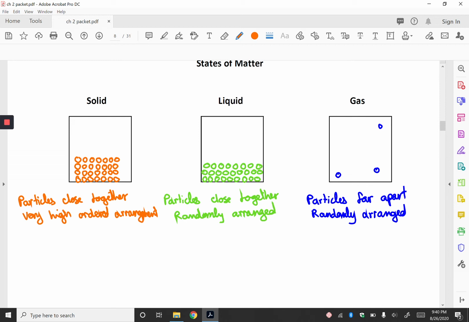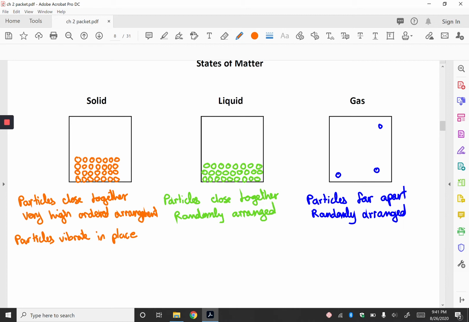All right, let's talk about the movement of the particles. So in a solid, the particles are moving, but they are kind of stuck in their place, and so they vibrate in place. So an analogy to this, imagine that you guys are particles and you're sitting in the classroom in chairs, and we put the chairs kind of close to each other, but the chairs are ordered in these rows and columns.